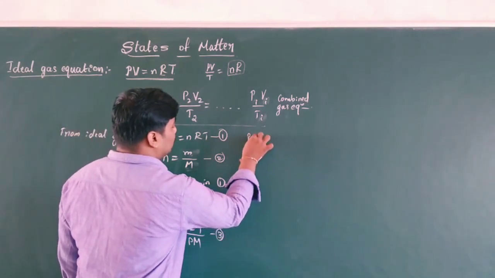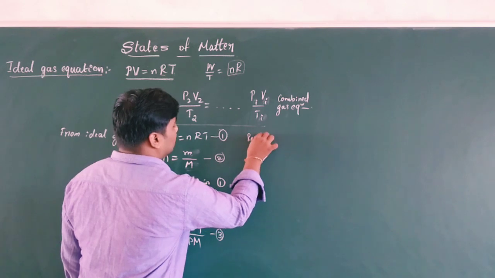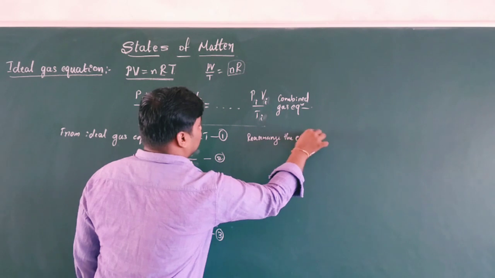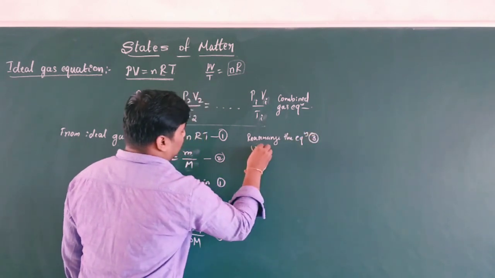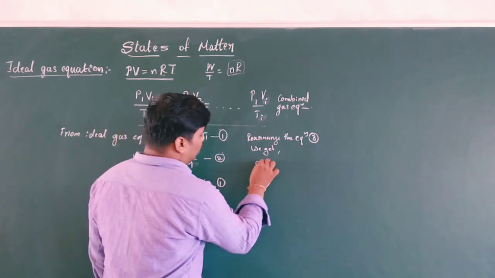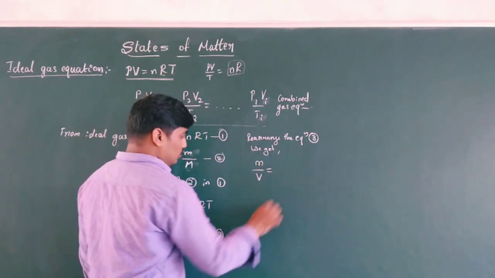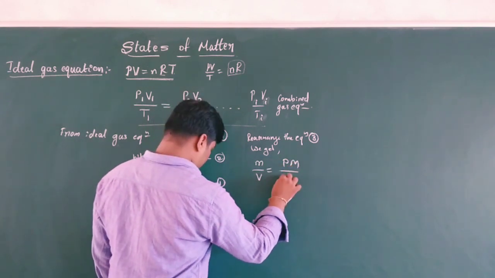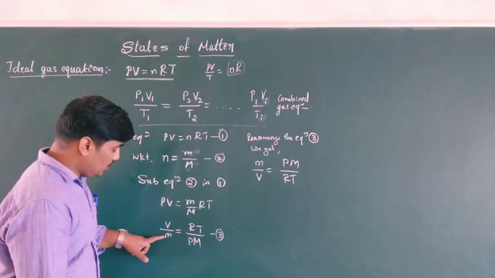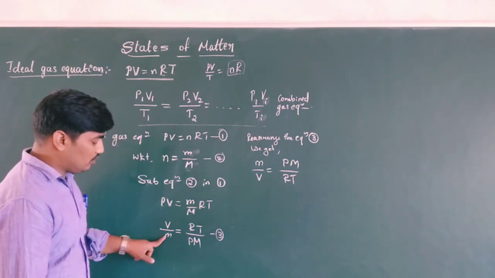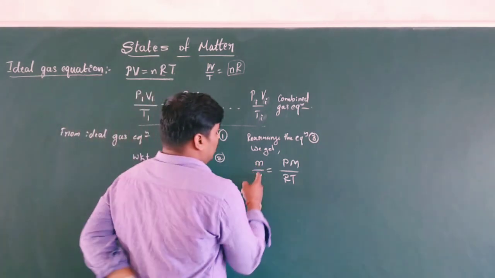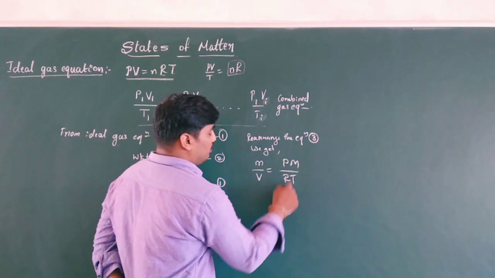Rearranging equation number 3, we get m by V is equal to PM divided by RT. What I do here: m goes to the upper side, V comes to the lower side; similarly, PM goes to the upper side, RT comes to the lower side.